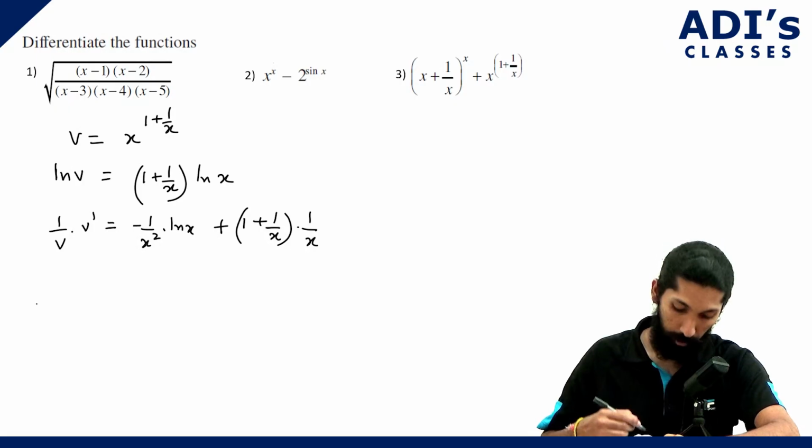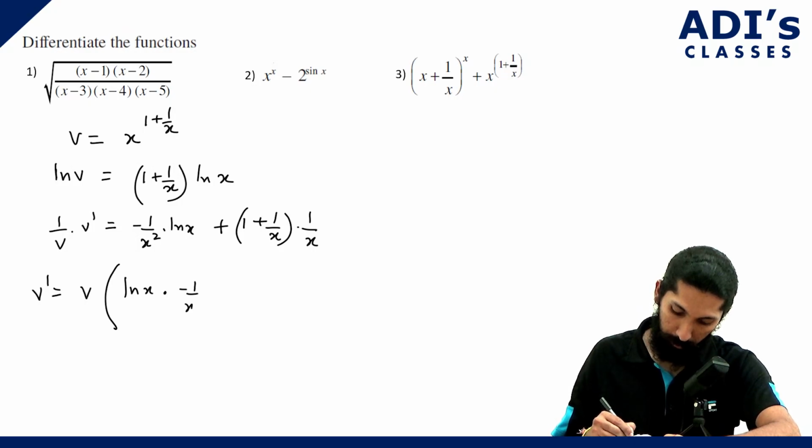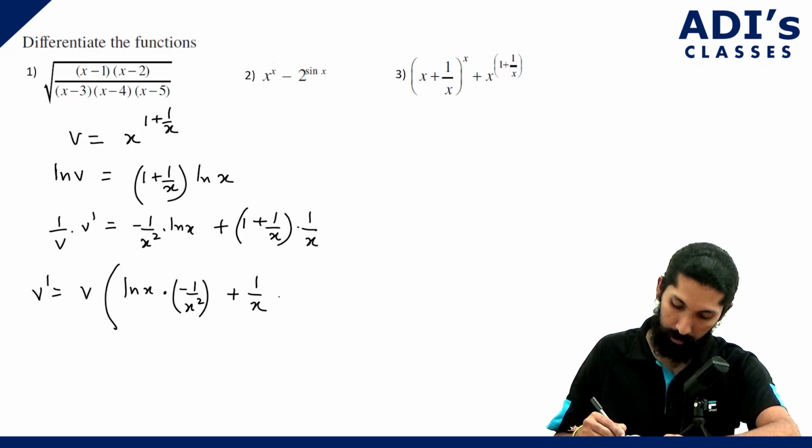So you will have v dash is equal to v into log x into minus 1 by x square plus 1 by x plus 1 by x square. Correct?